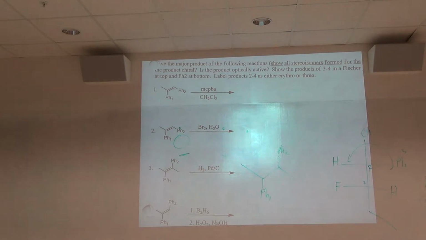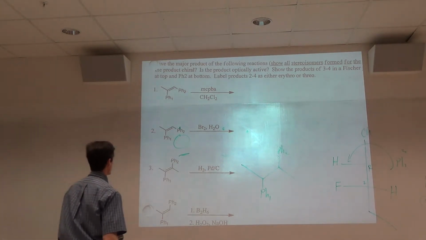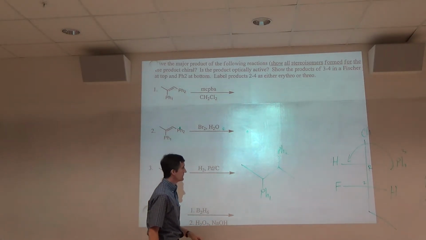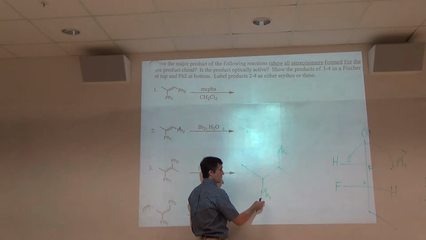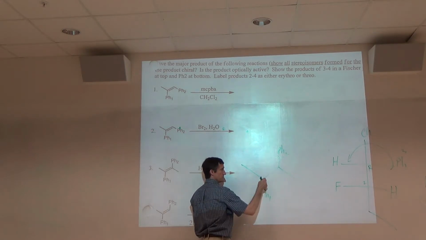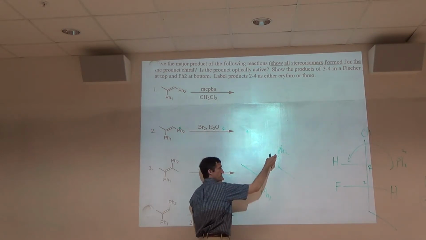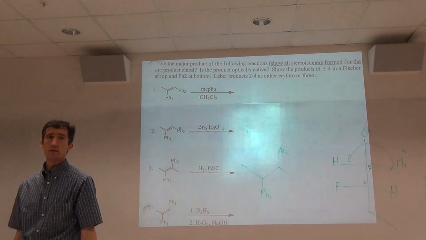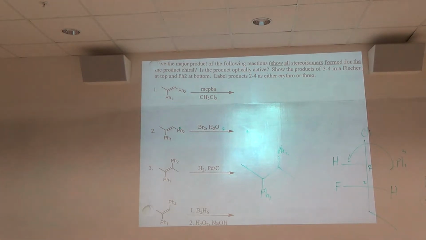But all those questions up there really refer to stereochemistry. At this point, these are now tetrahedral. Are the two phenyls going to be coming forward or back? Back or forward.